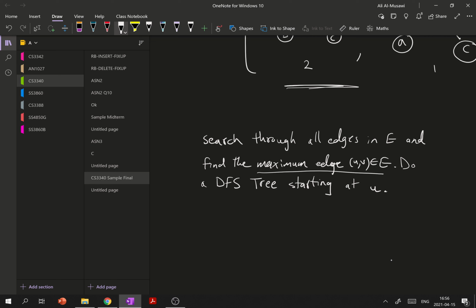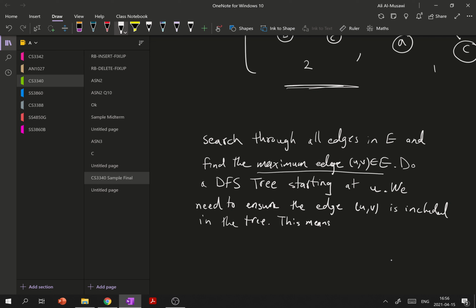You have to mention that constraint somewhere in the algorithm, but this is just a rough sketch of the solution. So you search through all edges in E and find the maximum edge UV, and then do a DFS tree starting at U. We need to ensure the edge UV is included in the tree.